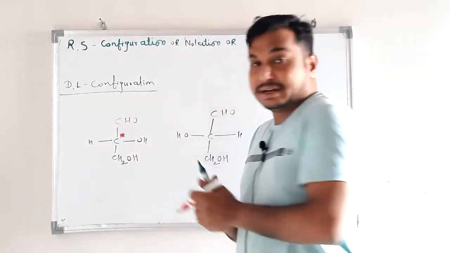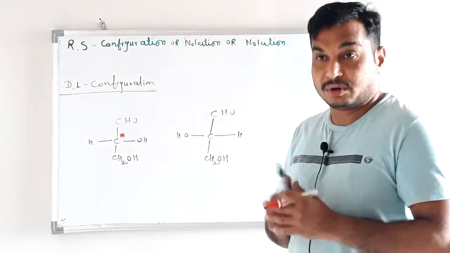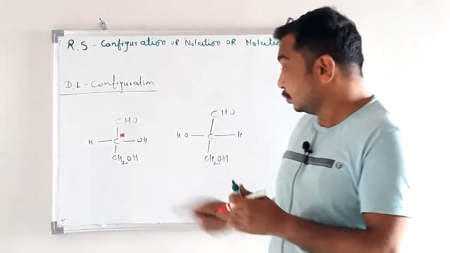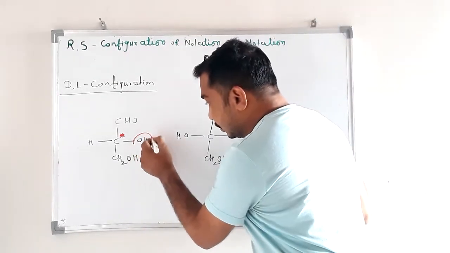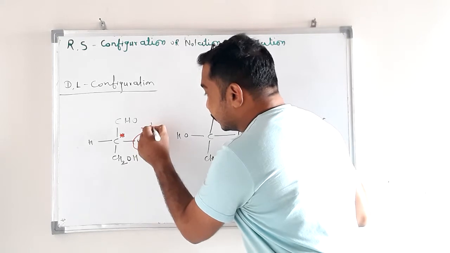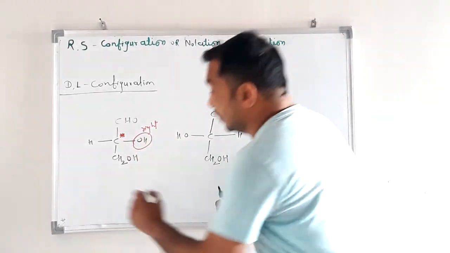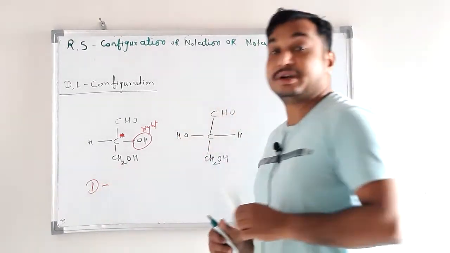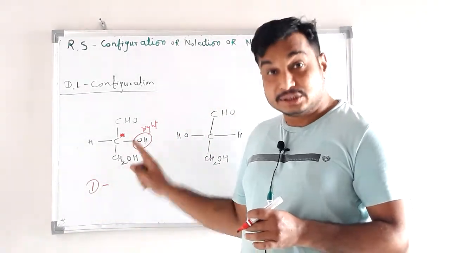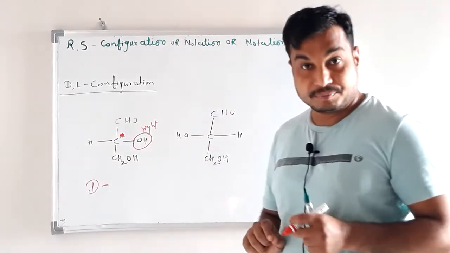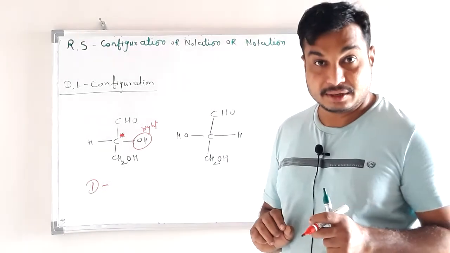Now, on this carbon atom, where is the OH group? On which side is the OH group present? If the OH group is on the right side, as here, we assign configuration capital D to this compound. Capital D only indicates that in this compound the position of the OH group is on the right side.